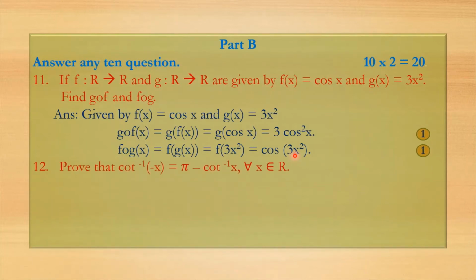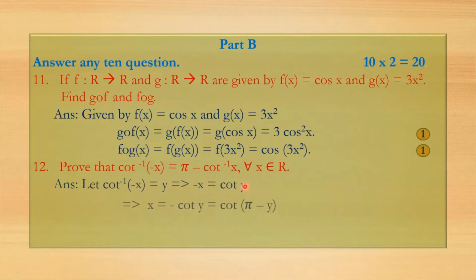So question number 12 is: prove that cot inverse of minus x is equal to pi minus cot inverse of x for all x belongs to real numbers. In order to do that, just take cot inverse of minus x equal to y. Next, taking cot inverse to the other side, minus x is equal to cot y.